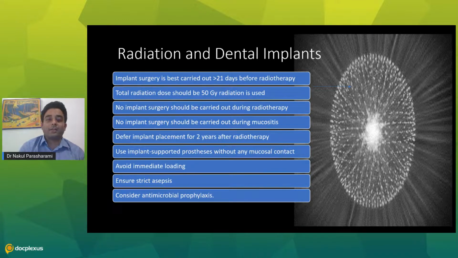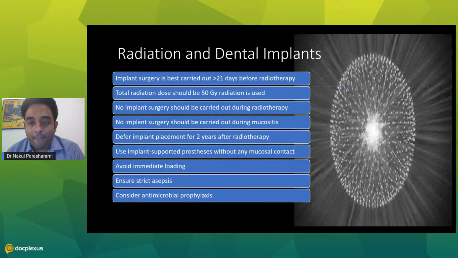The immediate loading concept should be avoided, and if surgery is done in such a patient, strict asepsis has to be maintained, and broad spectrum antimicrobial prophylaxis should be continued for at least 10 to 12 days after surgery. Next slide, please.